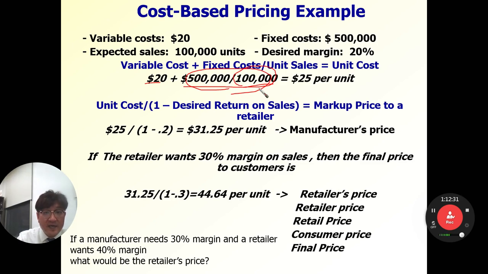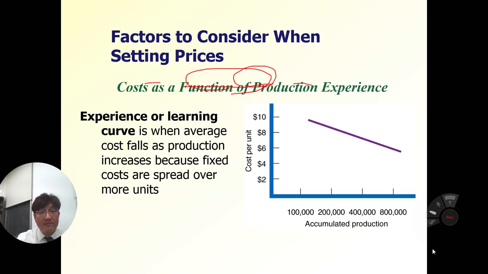As a result, you will have a smaller unit cost. Right? That is the source of the learning curve, which means that if you make more units, your cost per unit decreases.